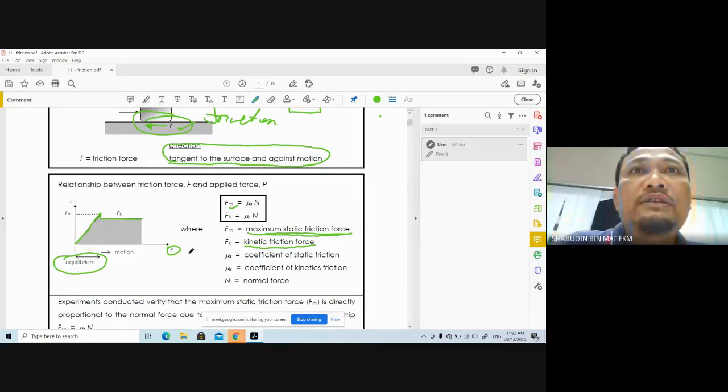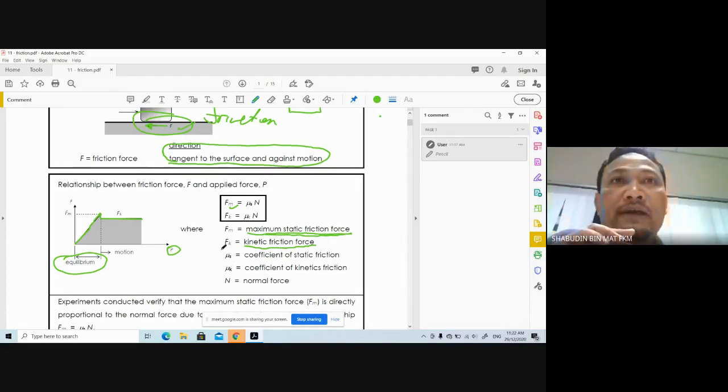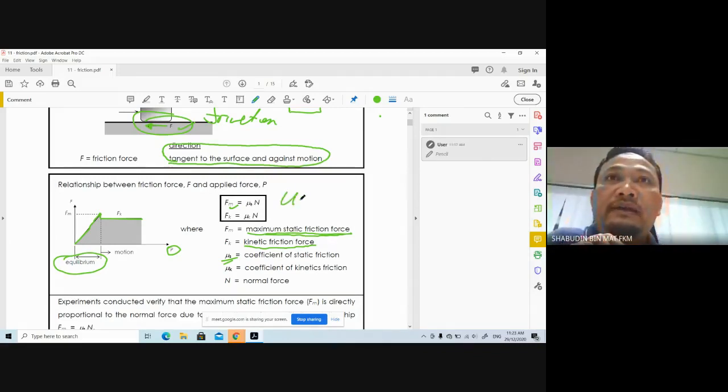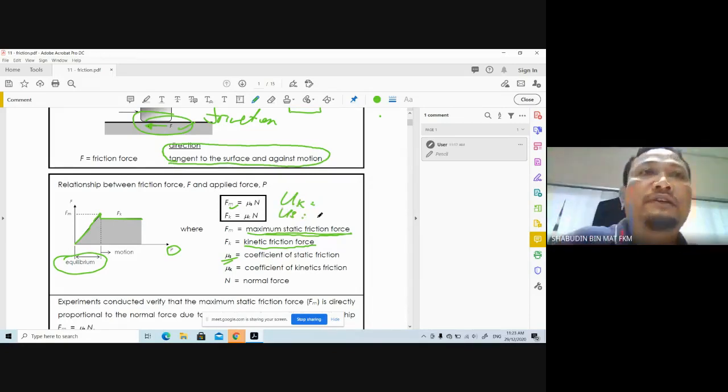So it's so simple. If the object is still not in motion, you use mu s, the coefficient of static friction, and if the object is in motion, you use the kinetic friction, mu k. It's all given for you.